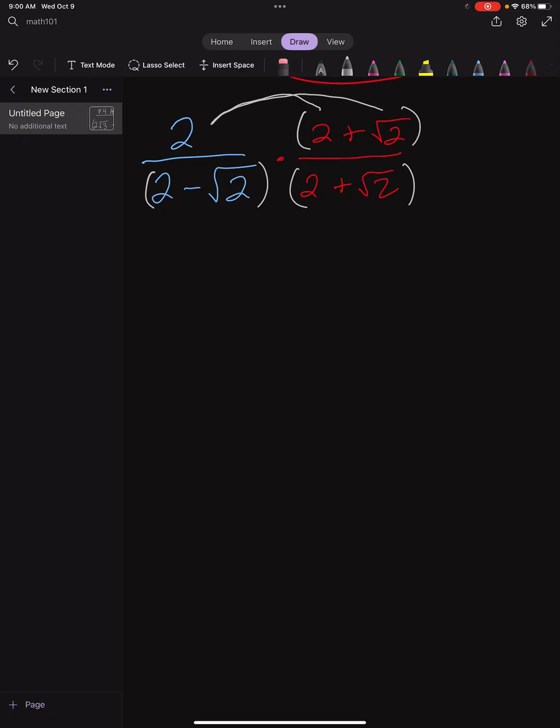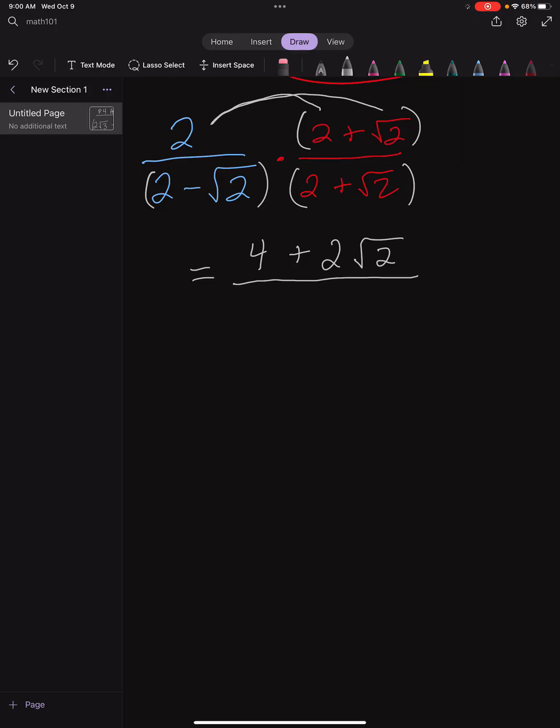So 2 times 2 is 4. Again, we're working on the numerator right now. 2 times root 2 is a positive 2 root 2. And now we need to work on the denominator. If you want to do work off to the side, that's fine. But note that the denominator does not go away. It doesn't cancel. You don't want to just write the numerator. What does cancel in the denominator is the root.